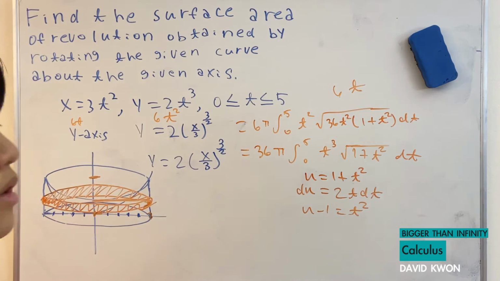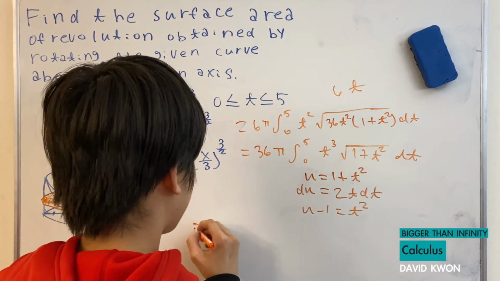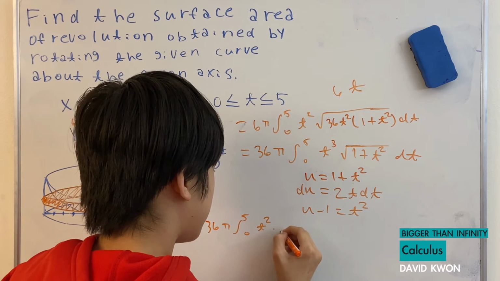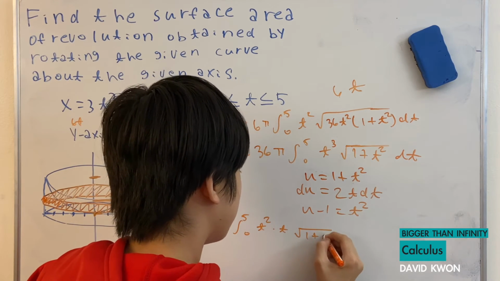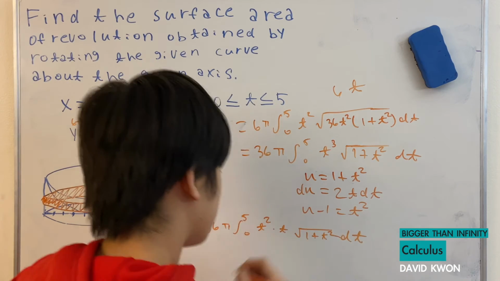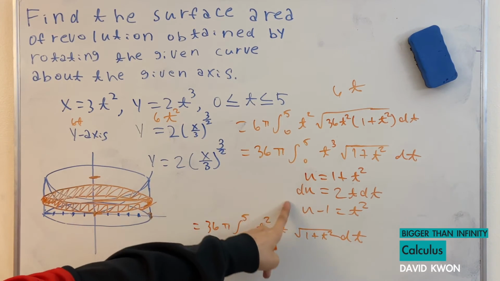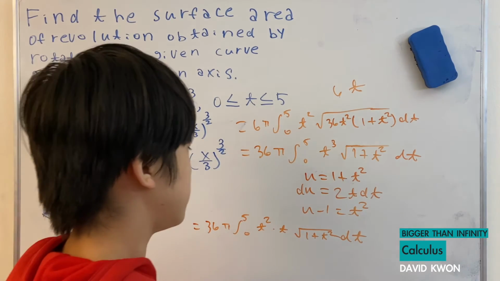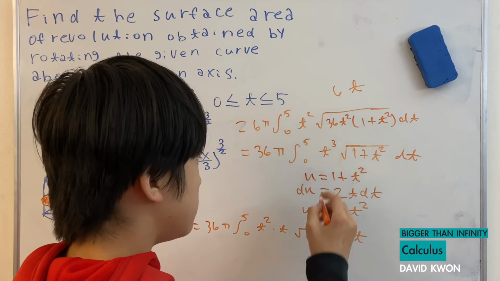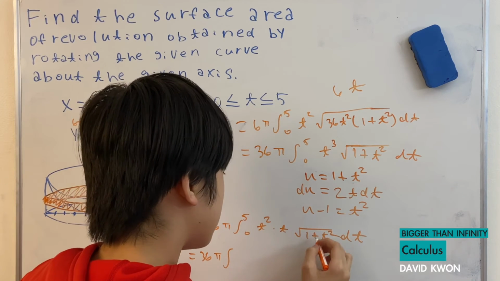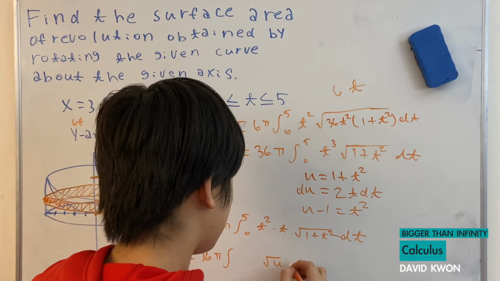T cubed. Now let's separate this into t squared times t square root of 1 plus t squared dt. Now we can use these 3 substitutions we just found. U is equal to that, so let's do that first. So this is equal to square root of u now.